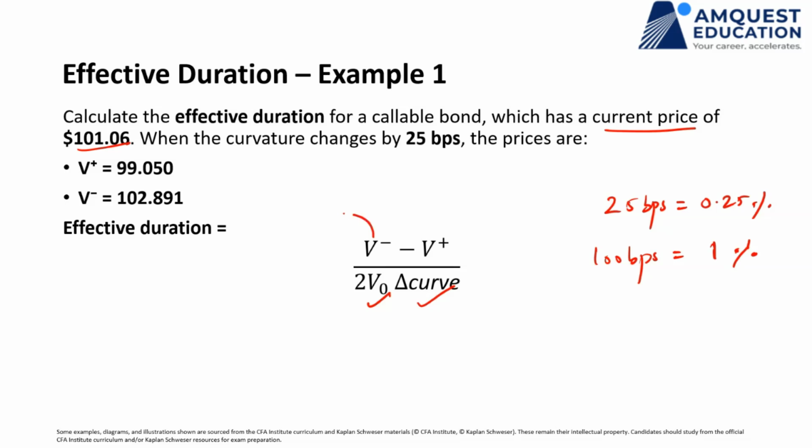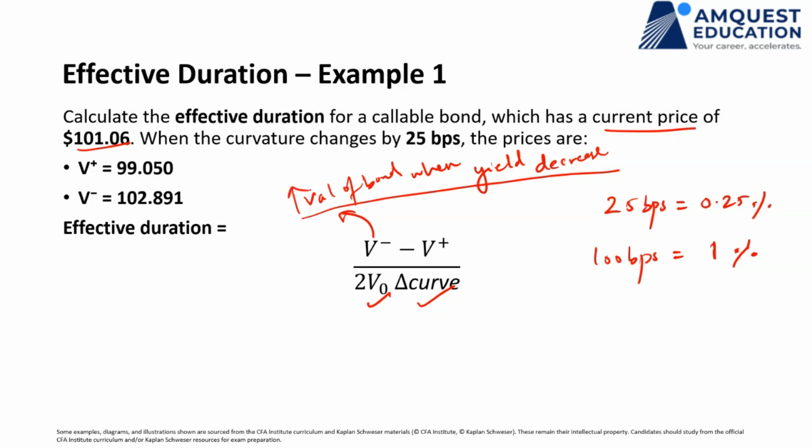V minus is the value of the bond when yield decreases. If yield decreases, the value of the bond will increase, so this is V minus, where the value of the bond goes higher.